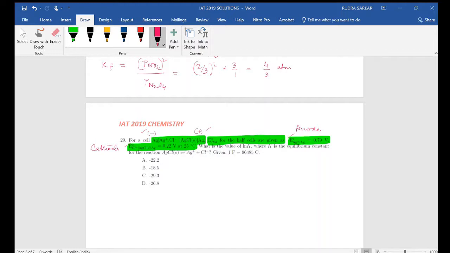So out here what we will do, we will write E cell is equal to E naught cell minus RT by nF ln K, okay, at equilibrium.